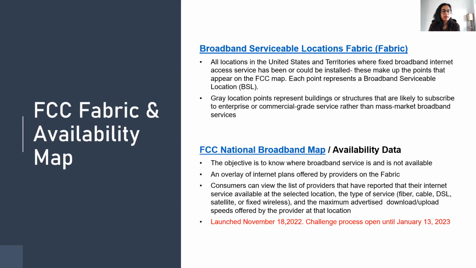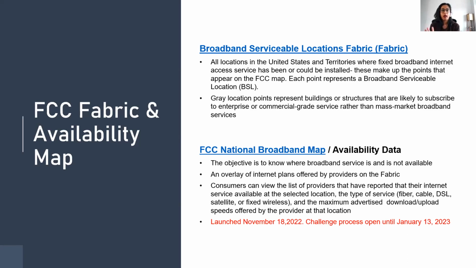Starting with the FCC fabric and the availability map: the broadband serviceable locations fabric, usually referred to as the fabric, is essentially a layer of all the locations in the United States and territories where fixed broadband internet access service has been or could be installed.